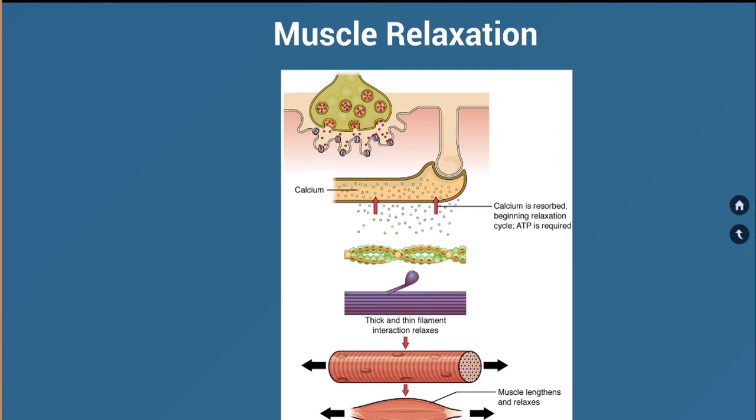Calcium ions are then pumped back into the sarcoplasmic reticulum, which causes the tropomyosin to reshield or recover the binding site on the actin strands. A muscle can also stop contracting when it runs out of ATP and becomes fatigued.